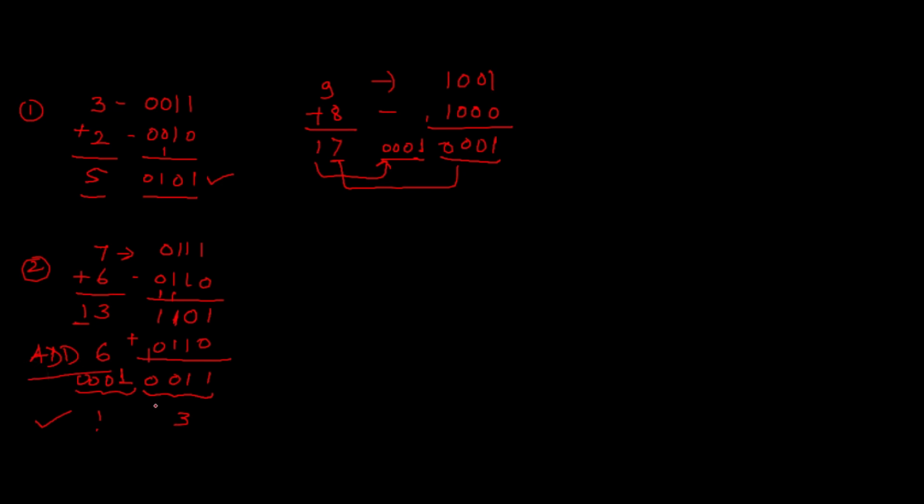In the first case, what happens? The answer is correct, no need of addition, no correction needed. Whenever the answer is less than or equal to 9, no correction needed.